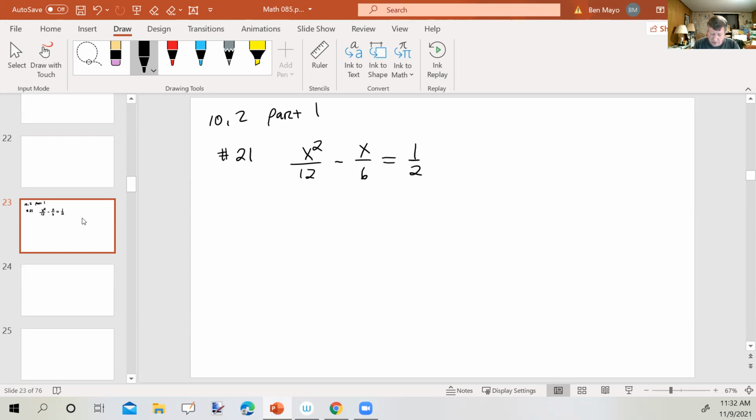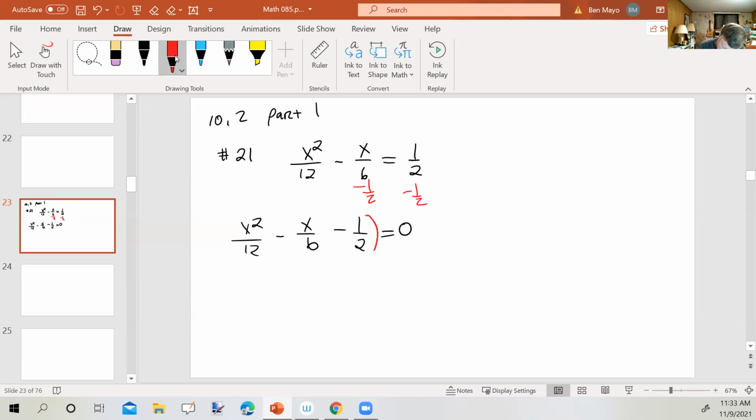So the first thing I'm going to do is put it in standard form. I'm going to subtract 1/2 from both sides of the equation. That will give me x squared over 12 minus x over 6 minus 1/2 equals 0. The next thing I'm going to do is clear the fractions. I'll multiply both sides by the LCD, which is 12.